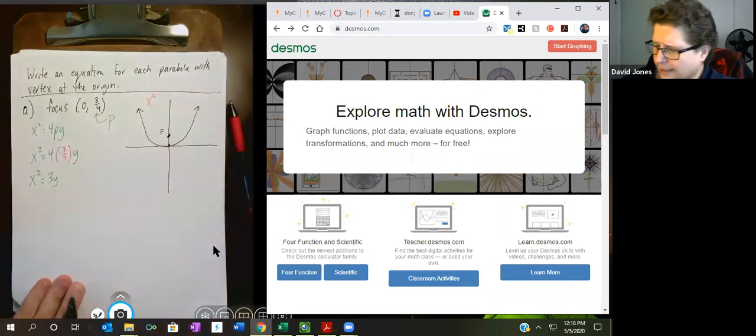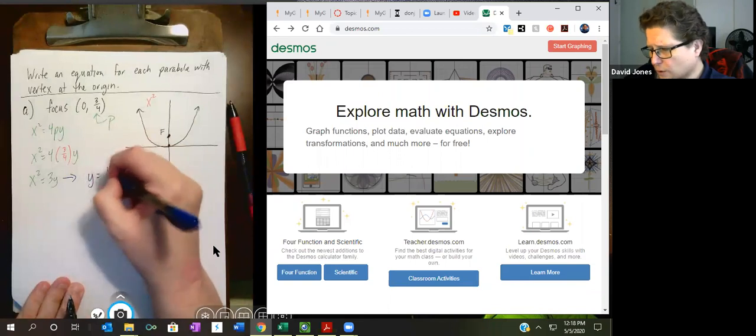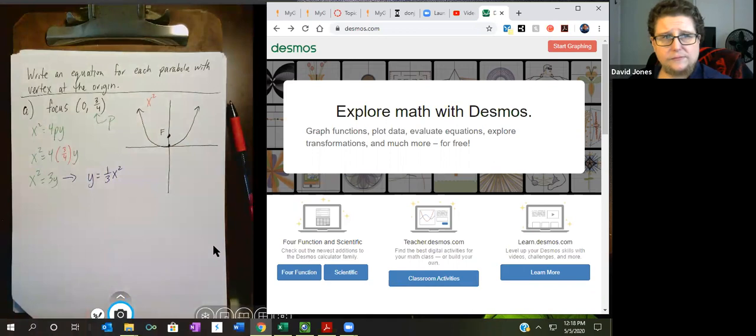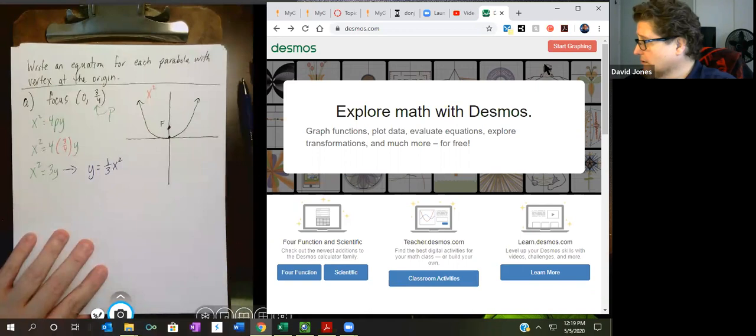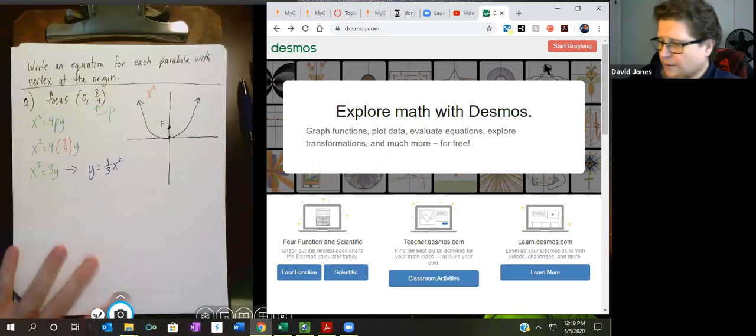Or if we want to write it like normal people do, we'll divide by 3. Y equals 1/3 x squared. Let me have you give it a try. Let's see what you come up with.